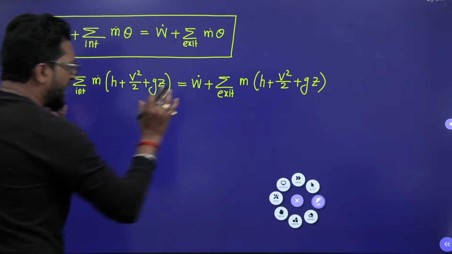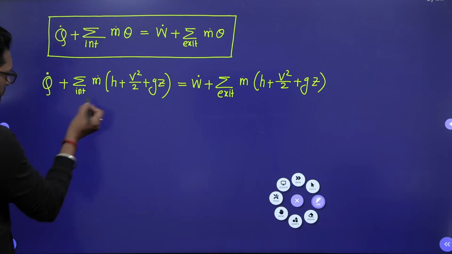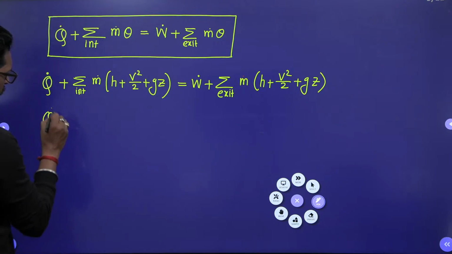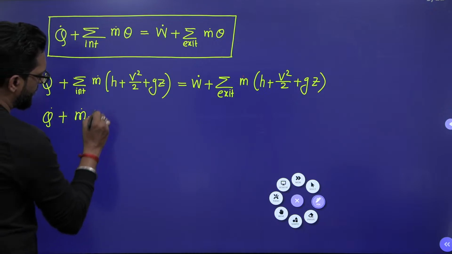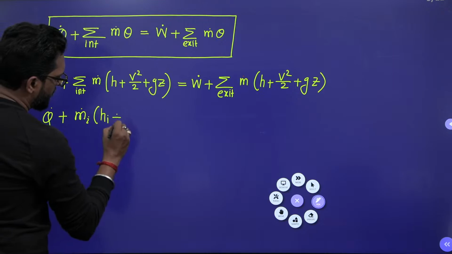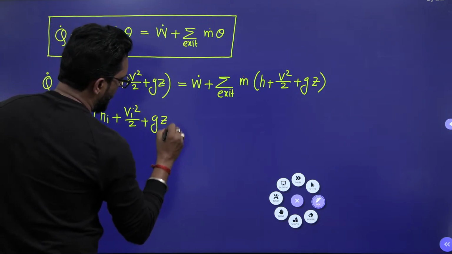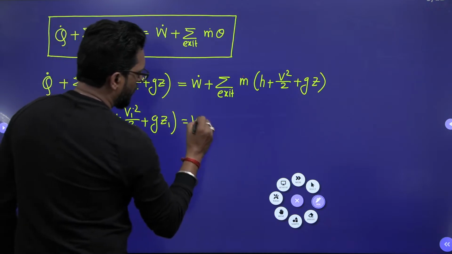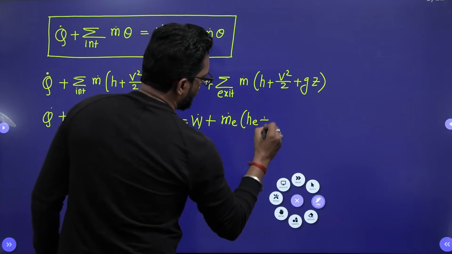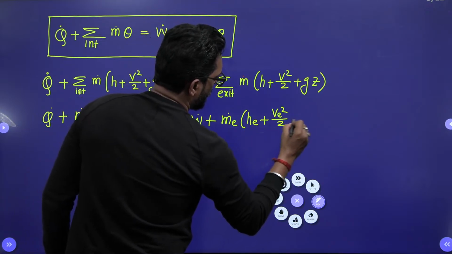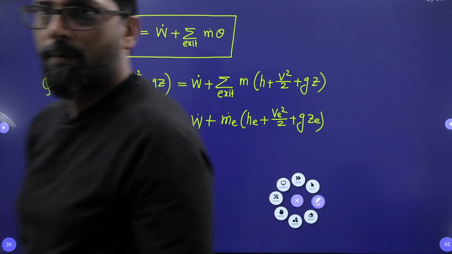So this is mainly energy in minus energy out. If there is a single inlet, then Q dot plus m dot i, h_i plus V_i square by 2 plus g Z_i is equal to W dot plus m dot e, h_e plus V_e square by 2 plus g Z_e.